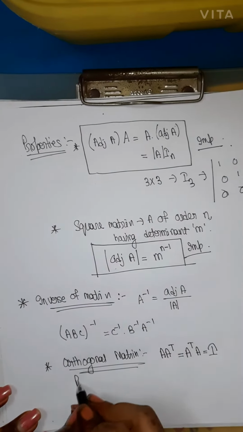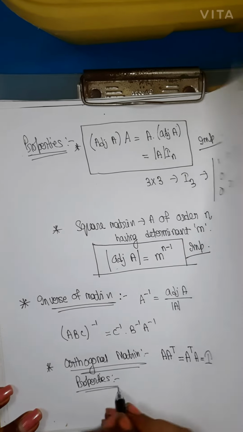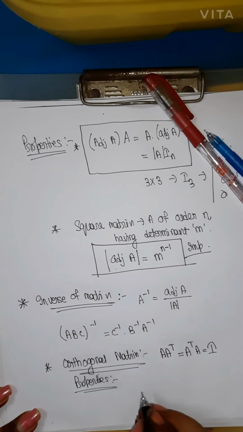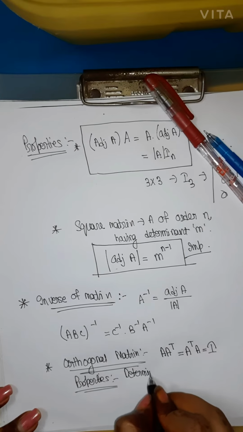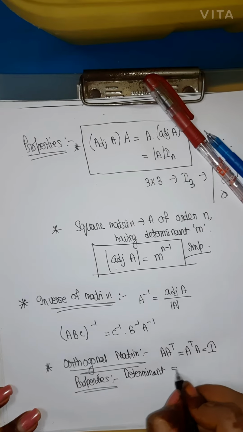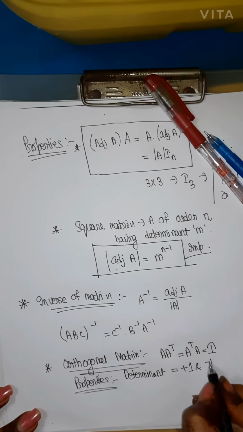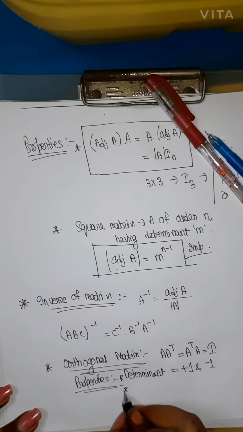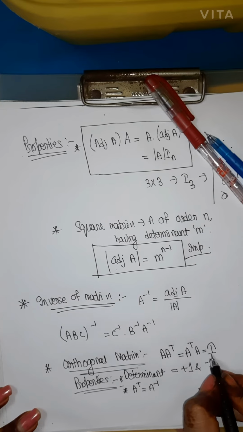And properties of orthogonal matrix we will discuss, that is determinant will be equal to +1 or -1, either of it. A transpose will be equal to A inverse. You can see from here only, as it is an identity.